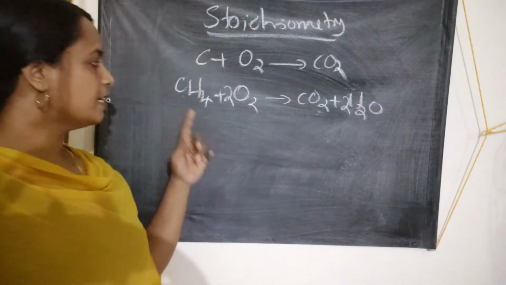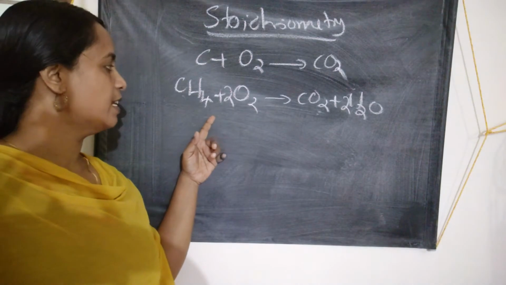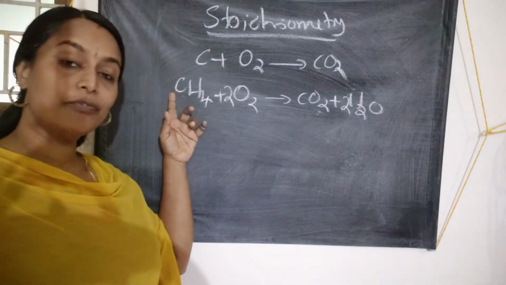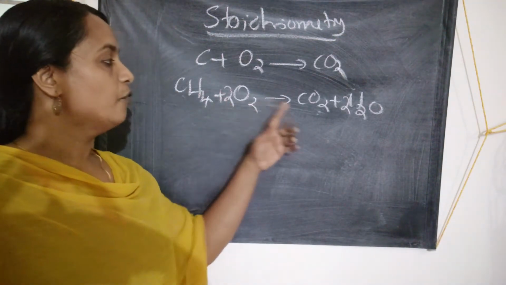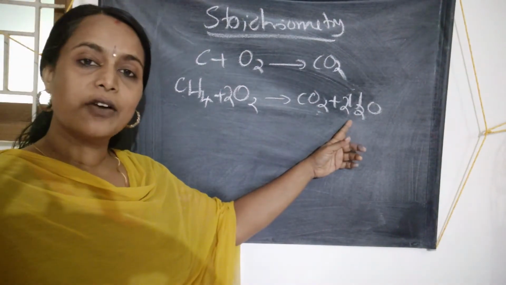Another thing, from this chemical equation, we can say 1 molecule of methane reacts with 2 molecules of oxygen, forming 1 molecule of carbon dioxide and 2 molecules of water.